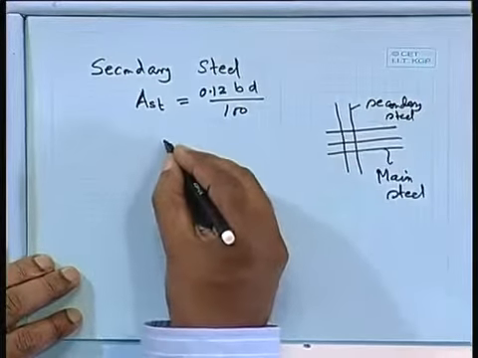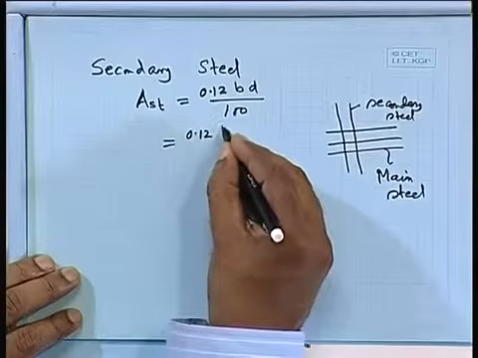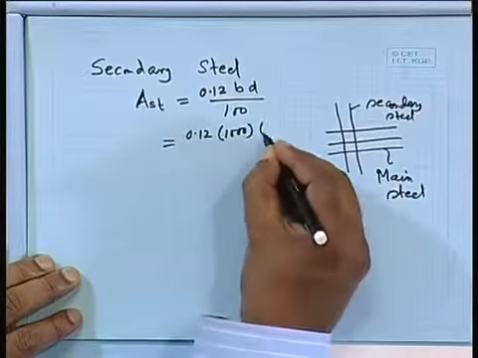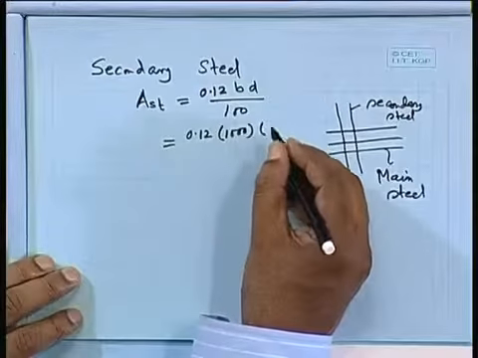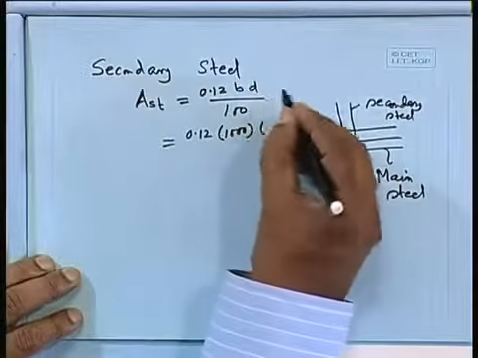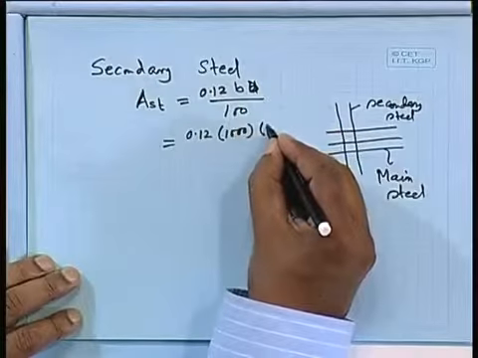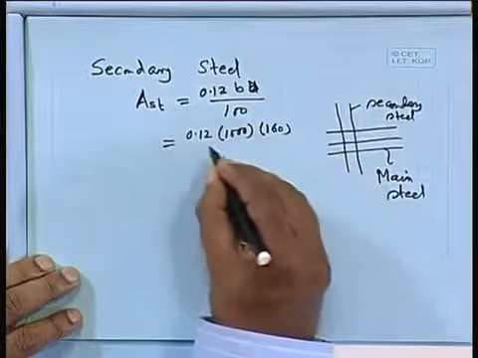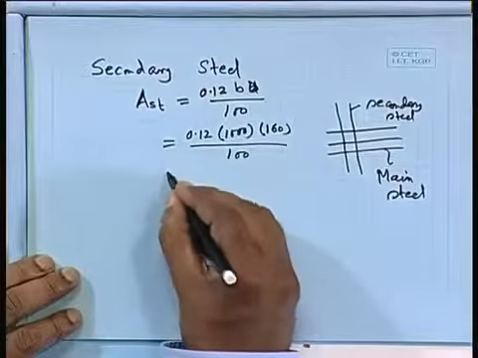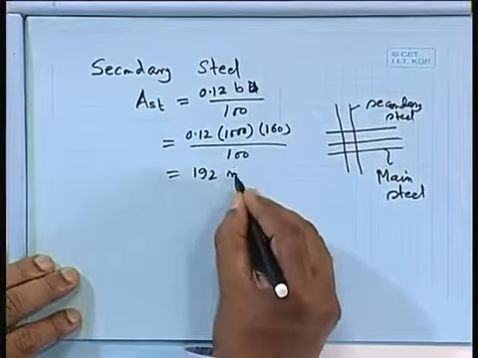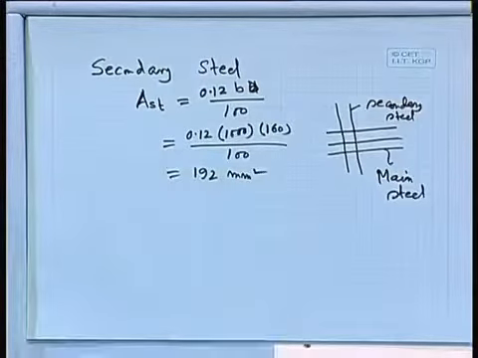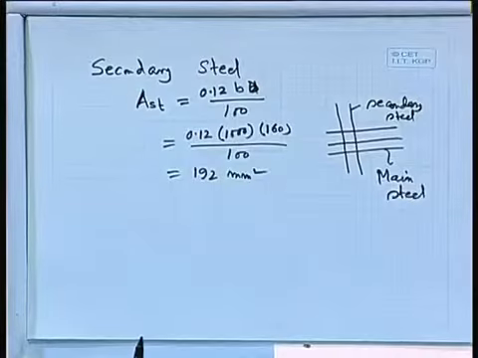So 0.12 times 1000 times 160, this being your overall depth, divided by 100, equals 192 square millimeter. Let me check it once more: 0.12 times 1000 times 160 divided by 100, okay, 192.